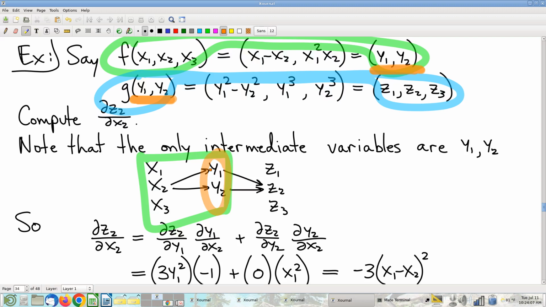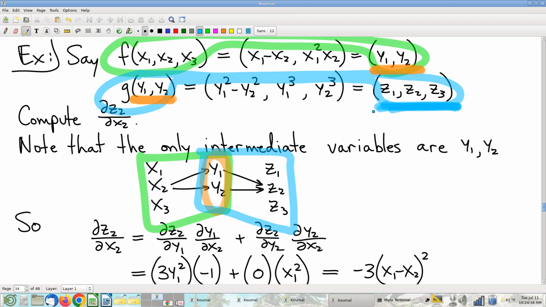Those are the intermediate variables. That's how the Legos fit together. Right? So that means that G comes after F, and in particular, y1 and y2 are the inputs, and then z1, z2, and z3 are the outputs. So as everybody can see now, I've taken my functions, which were given to me in an algebraic way, and I have rewritten them as a diagram.